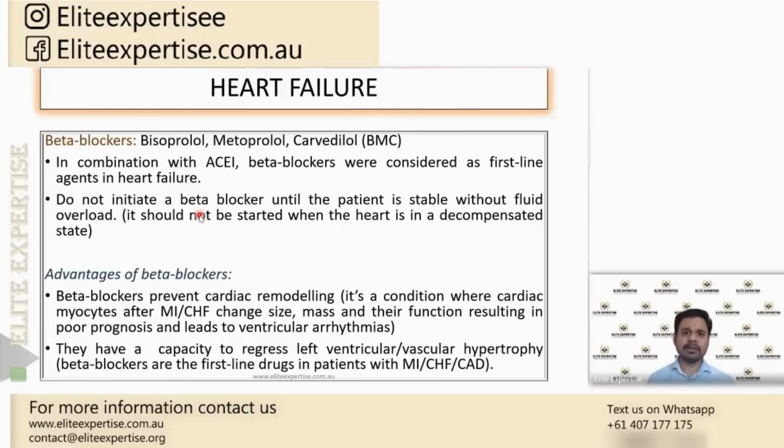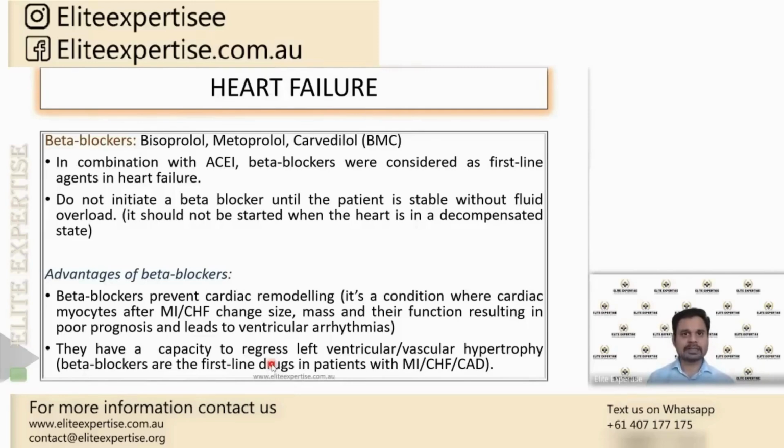Now, the advantages of the beta blockers are again the same. Beta blockers also prevent cardiac remodeling. That's what we have seen with ACE inhibitors. Okay? And beta blockers have the capacity to prevent or to regress left ventricular or vascular hypertrophy. So that's why beta blockers are considered as the first line drugs in patients with almost all the cardiovascular problems.